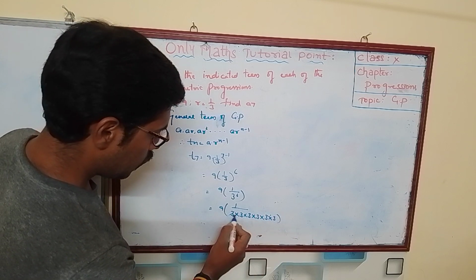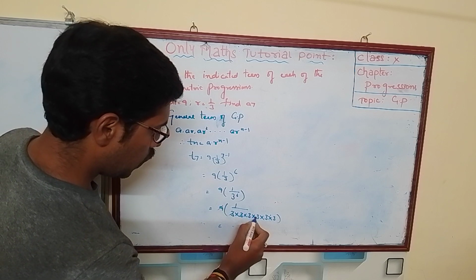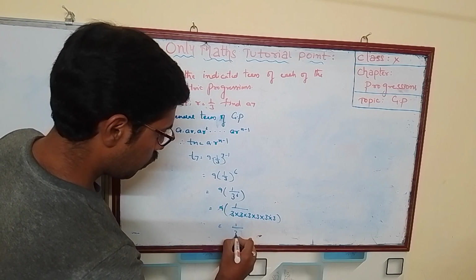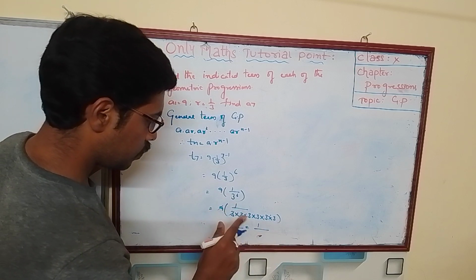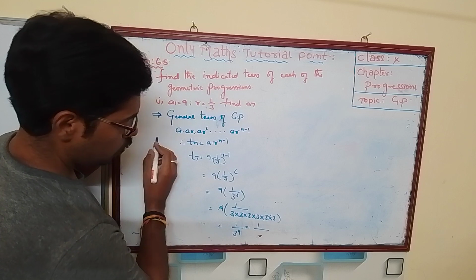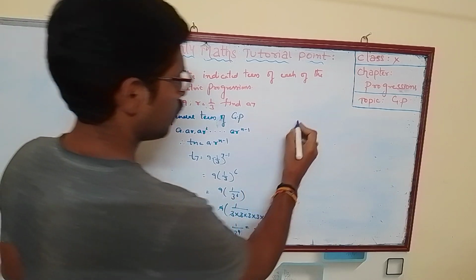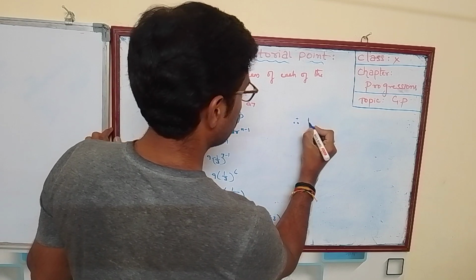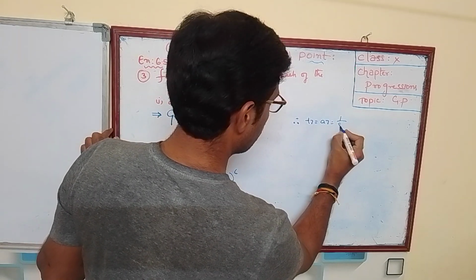So 3 3 is 9, and this 9 gets cancelled. So we get 1 by 3 power 4, that implies 1 by 81. Therefore T7 or A7 equal to 1 by 81.